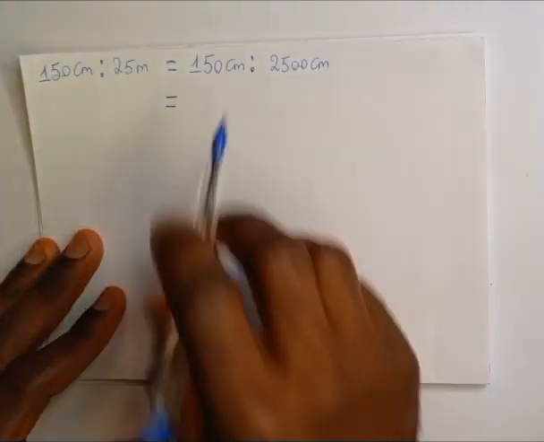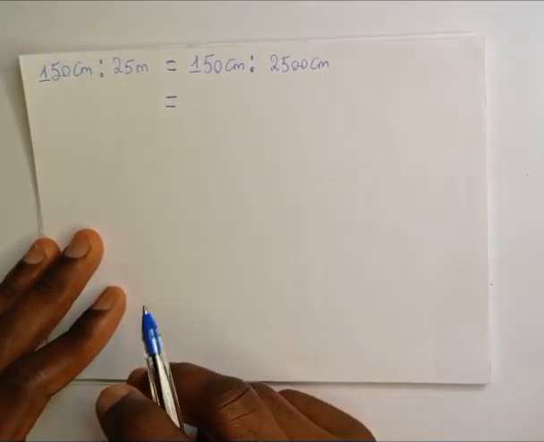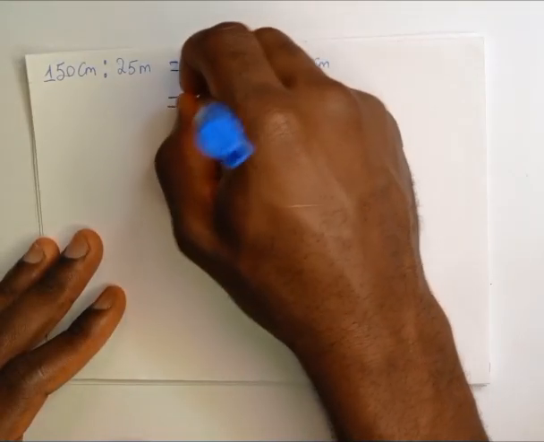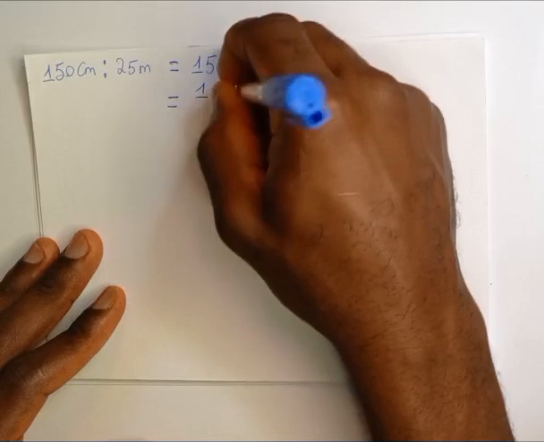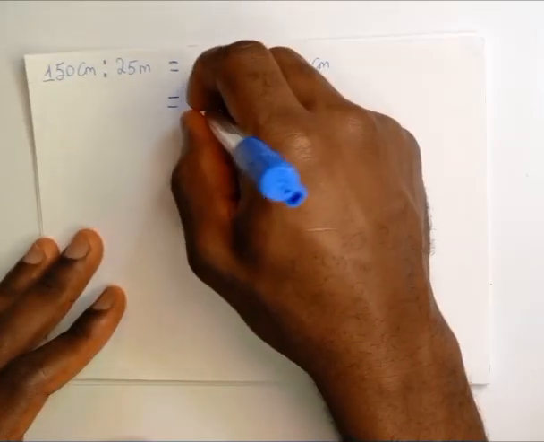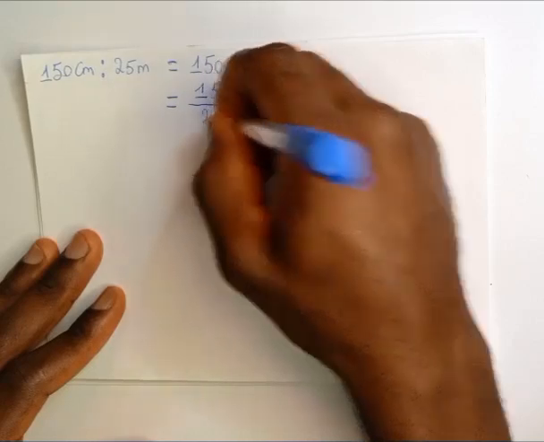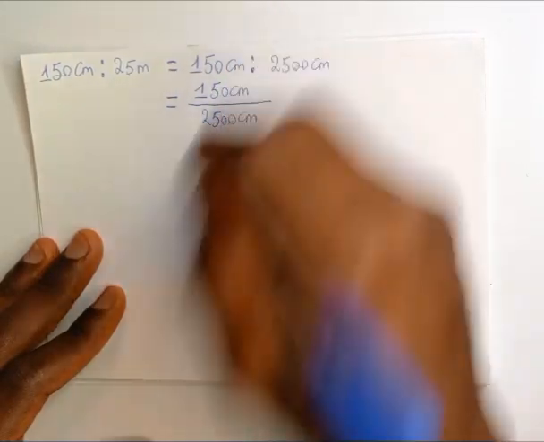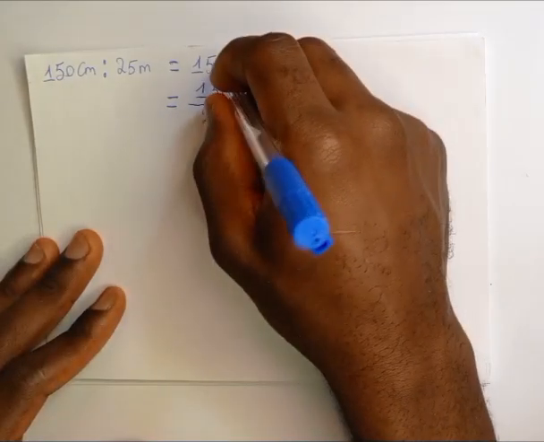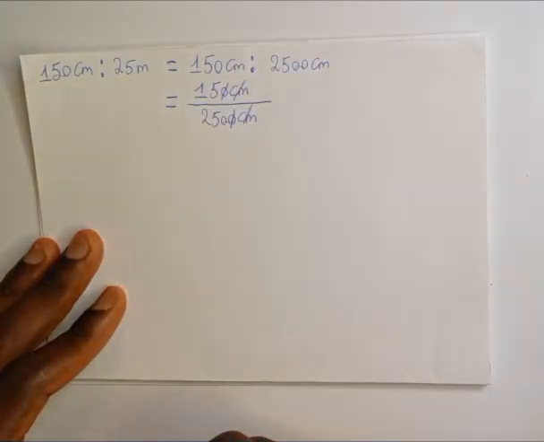And this will be equal to, we are going to express this ratio in the fractional form. The first component will simply be the numerator, 150 centimeters all over the second component, which is the denominator, 2500 centimeters. The centimeters will strike off, zeros will go, 1 zero will strike off, 1 zero at the denominator.